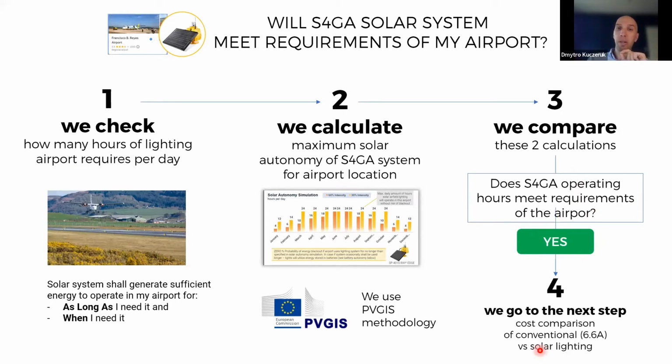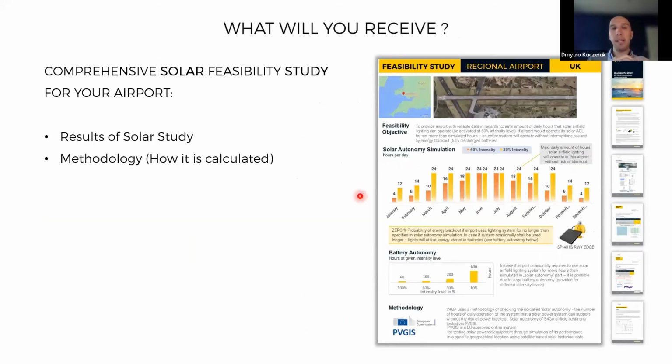Before we go into comparing cost, I will talk about how we calculate this feasibility study. As part of the feasibility study project, the airport or the designer is provided with a comprehensive document, which is called solar feasibility study.